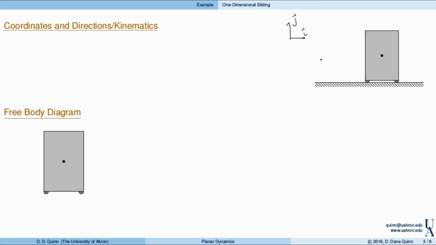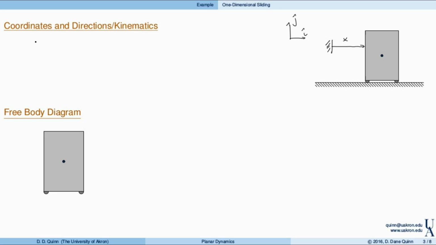And then for coordinates, remember what coordinates are. They are measurable quantities that help us define the configuration of the system. Right? So it's something that we can measure that will tell us where the block is at. Well, obviously there are a number of choices, but the way that I will choose to measure the block is in terms of the horizontal displacement, right, from some reference point. And I'll call that x.